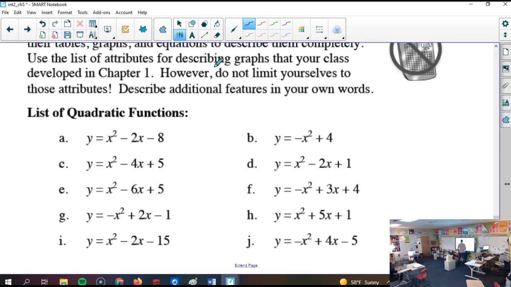So, one thing I would notice and potentially divvy up to each other is that these two are really similar because we got a positive x squared, a negative b, and a positive c. Same here. Right?